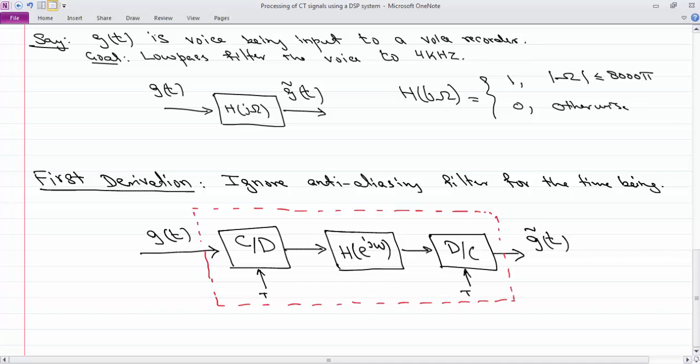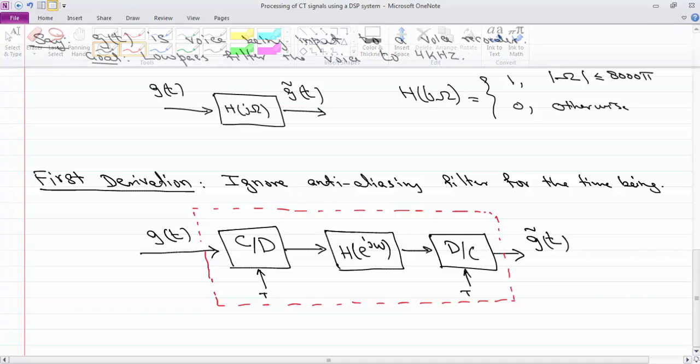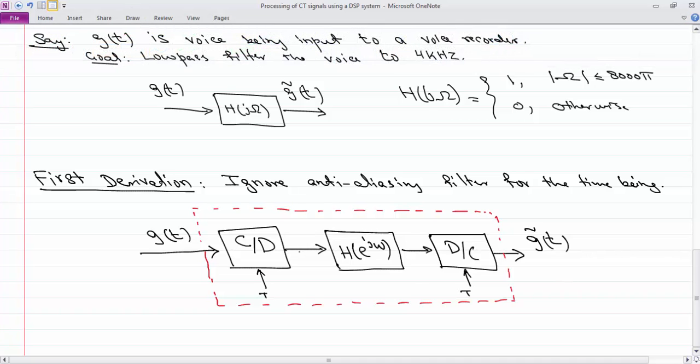Now, to understand that, what we will do is go from one block to the other and keep on accumulating our knowledge. Okay? So let's call that this is g[n] and this is y[n].